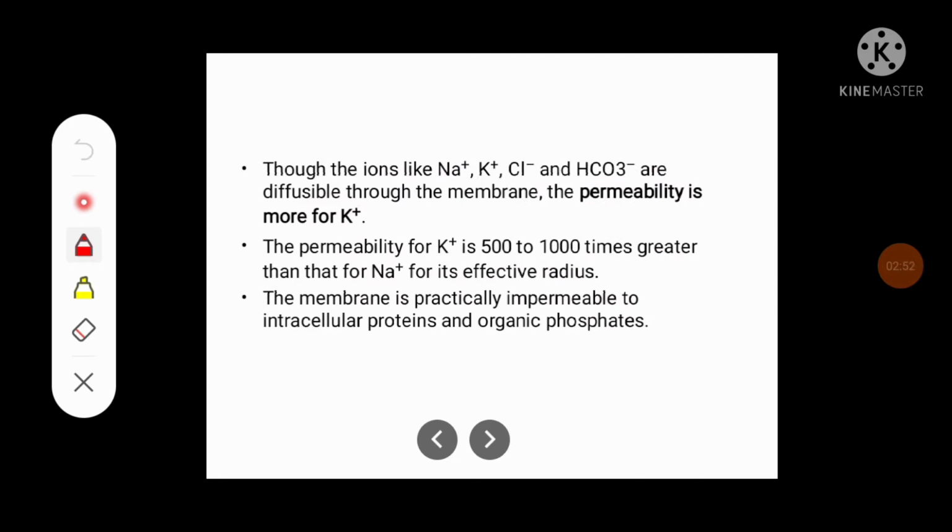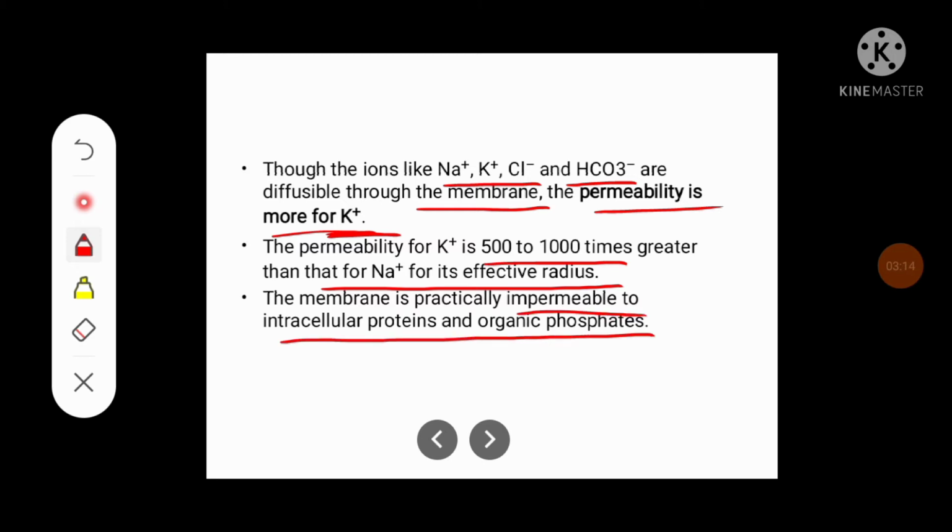Though ions like sodium, potassium, chloride, and bicarbonate are diffusible through the membrane, permeability is more for potassium. The permeability of potassium is 500 to 1000 times greater than that of sodium for its effective radius. The membrane is practically impermeable to intracellular proteins and organic phosphates.